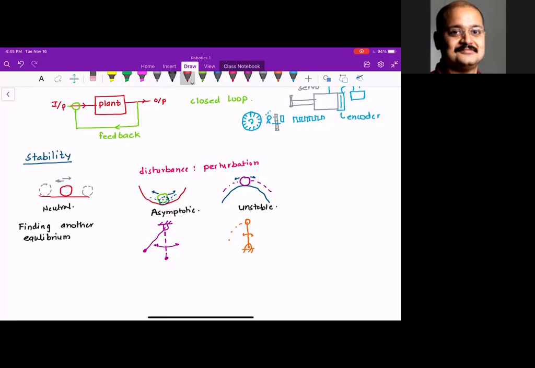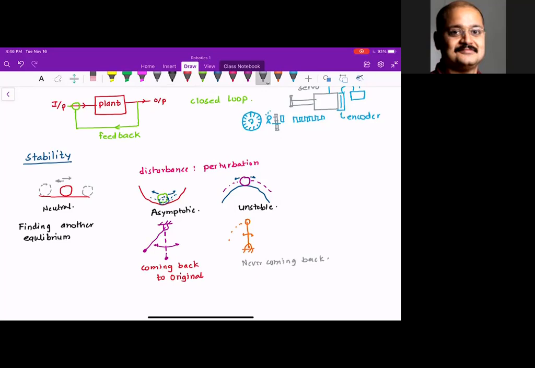Asymptotic stability means coming back to the original. And unstable means never coming back. Everyone understood what this is?